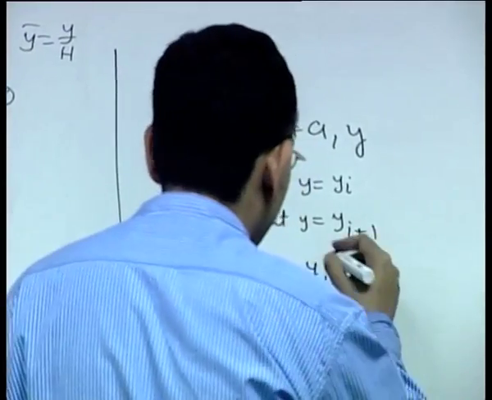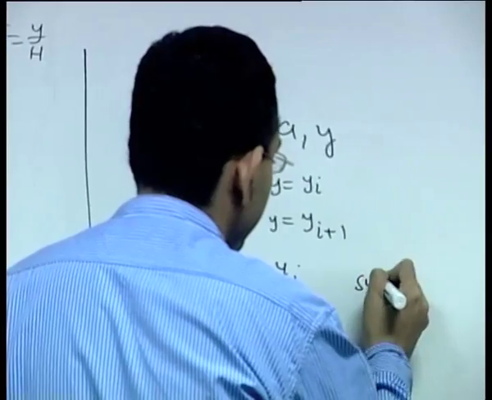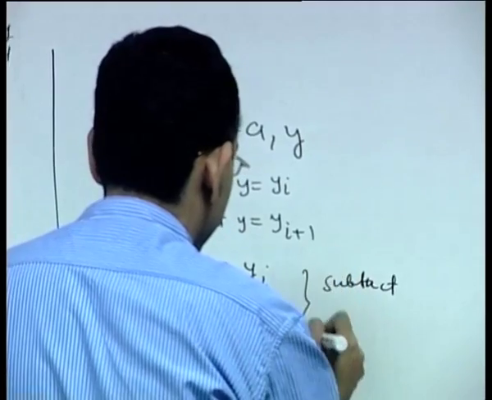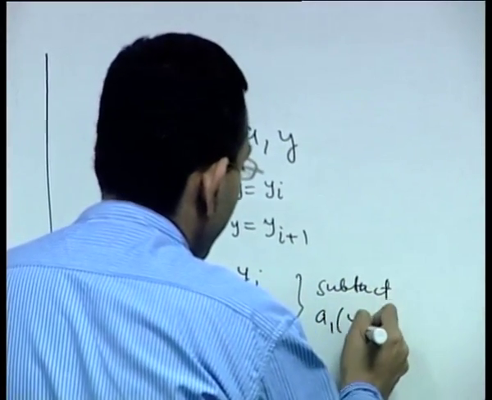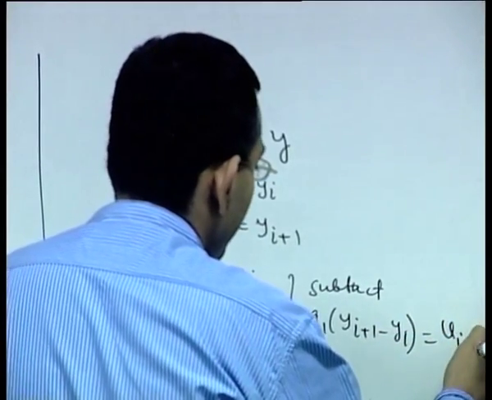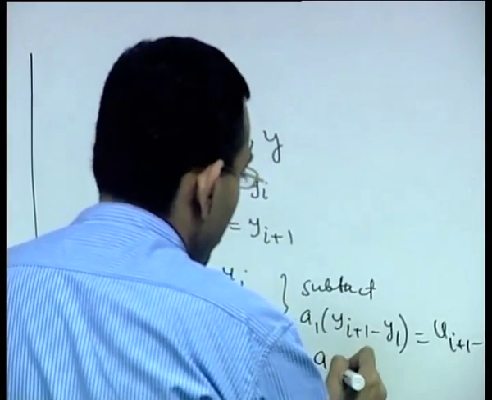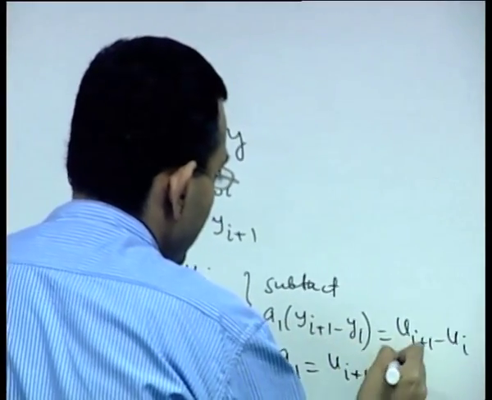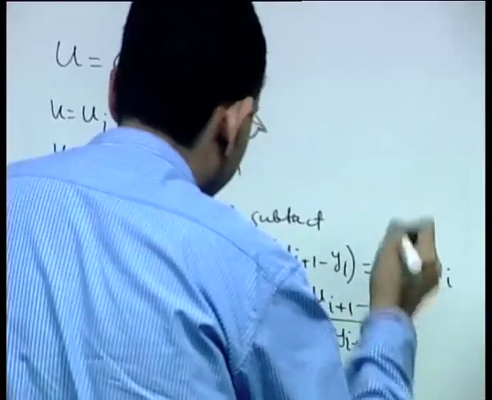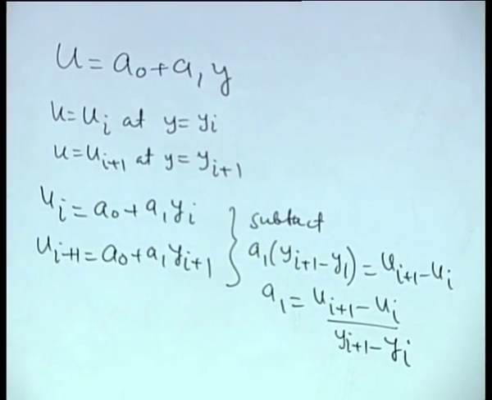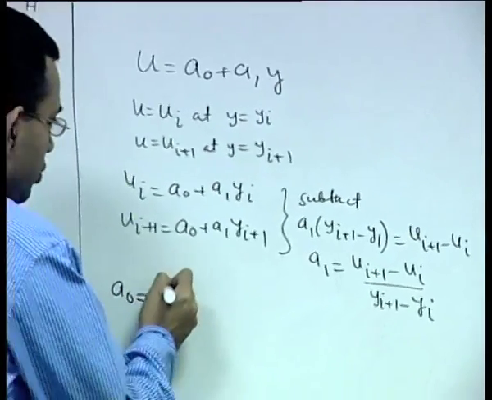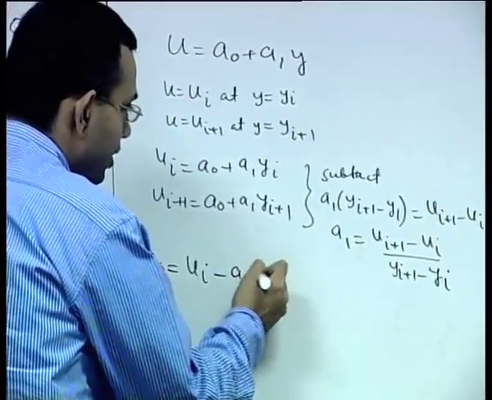To find out a1 we just subtract. So, a1 into (yi plus 1 minus yi) is equal to ui plus 1 minus ui. So, a1 is (ui plus 1 minus ui) by (yi plus 1 minus yi). We can find out a0 as ui minus a1 yi.